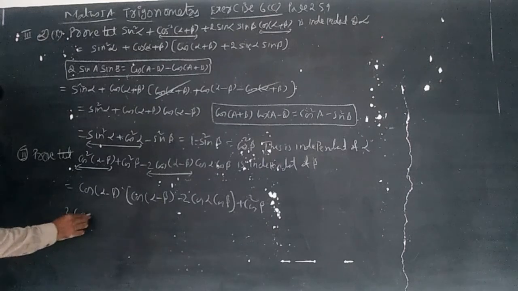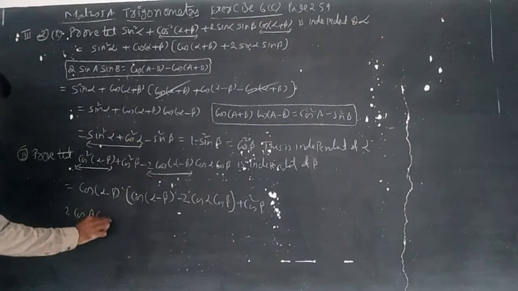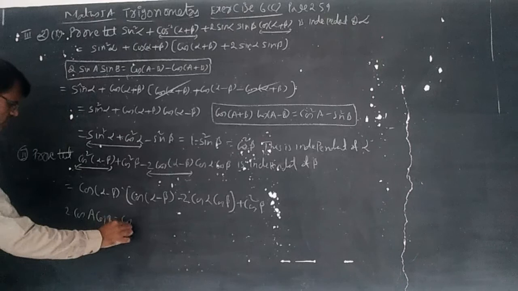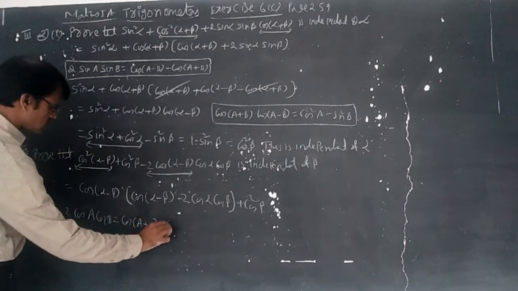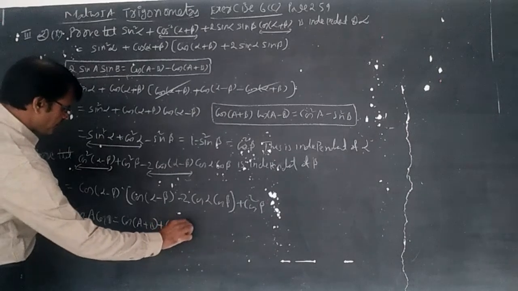Next step: let us remember the formula, 2 cos A cos B is equal to cos of (A plus B) plus cos of (A minus B).